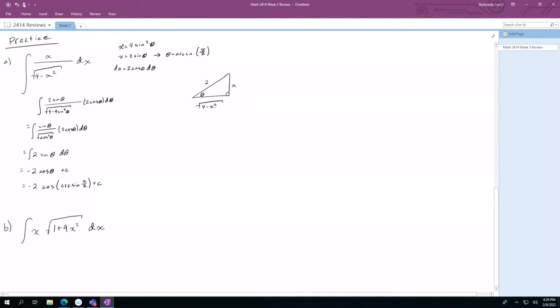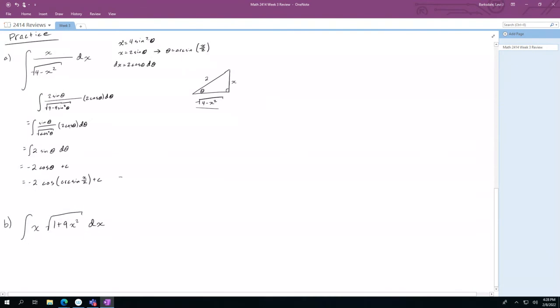So we can take the cosine of this triangle, which is the adjacent side divided by the hypotenuse. The cosine would give us the square root of 4 minus x squared, all over 2, plus c, which gives us negative square root of 4 minus x squared plus c.